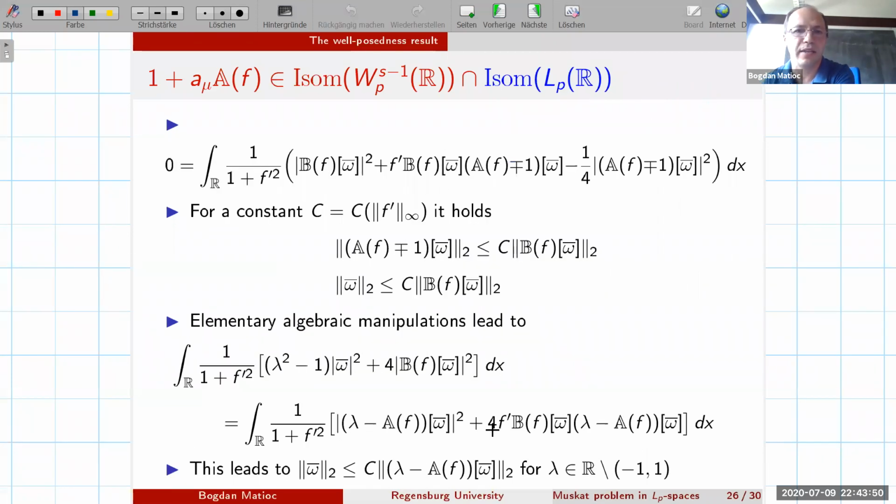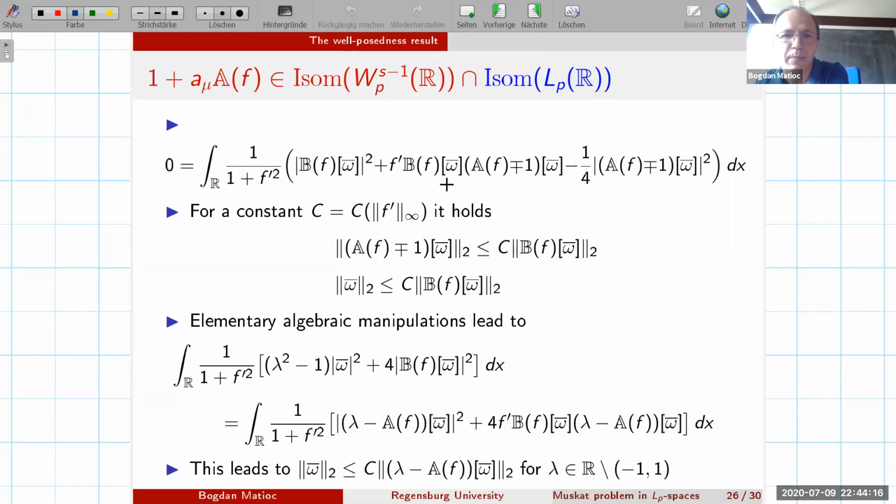And here is a Rayleigh formula once more. So we do not need to bother about F prime because F prime is bounded. Here we have the L2 norm of B evaluated at omega bar, and here is the norm of A minus plus 1 evaluated at omega bar. And here we have a mixed term, so F prime is no problem.